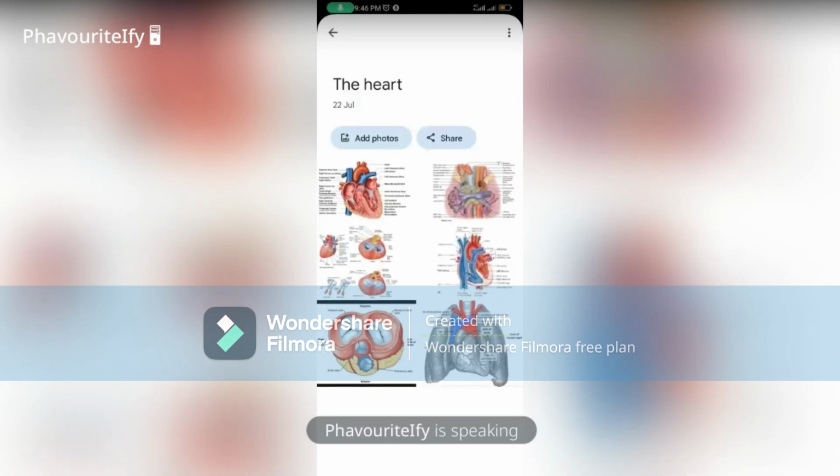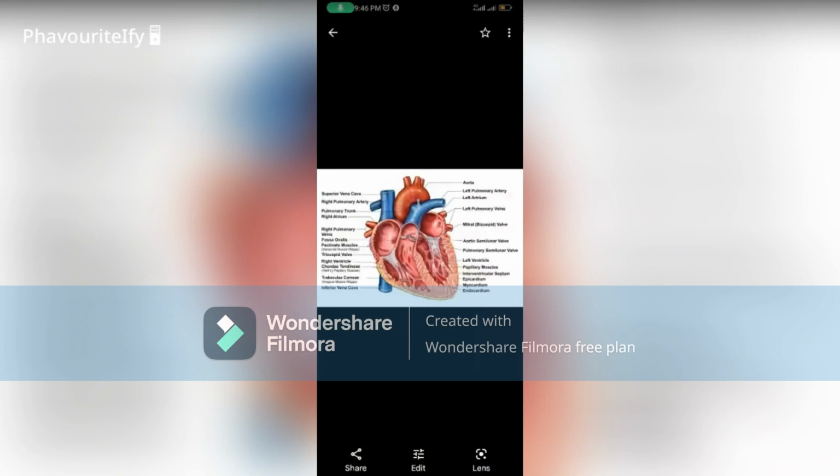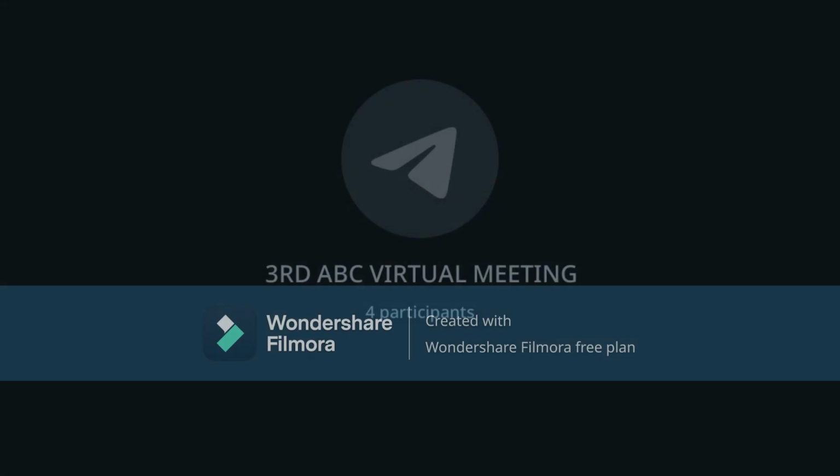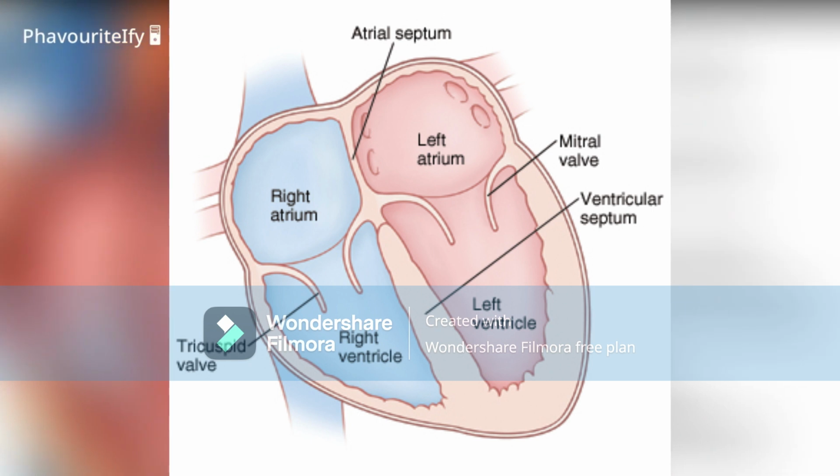The right atrium forms the right border of the heart, which we knew earlier. Another chamber of the heart is the right ventricle. It forms the largest part of the anterior surface. This is the right ventricle.